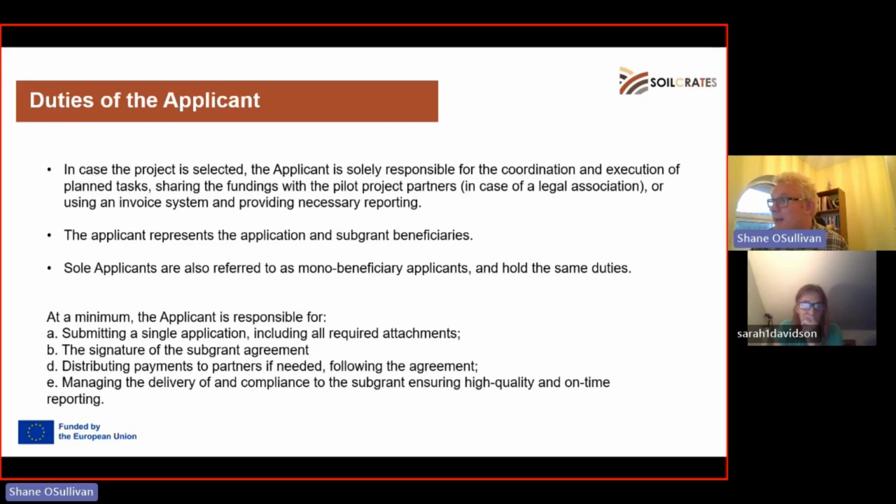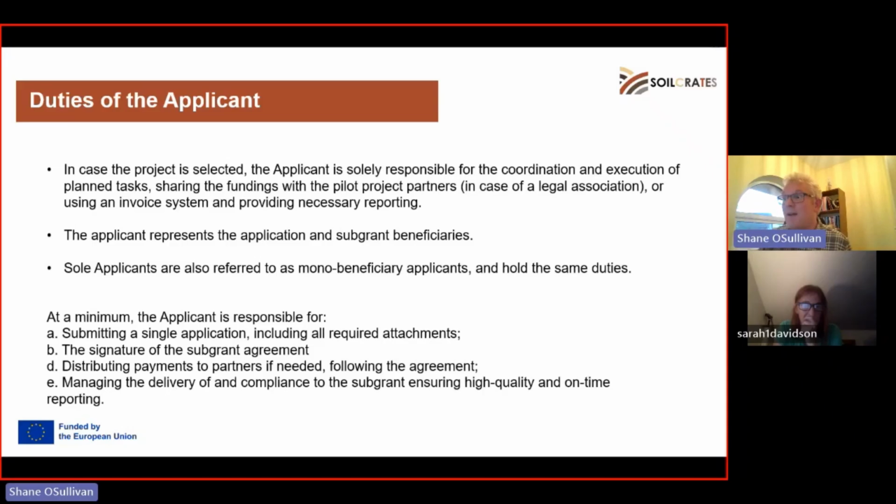At a minimum, the applicant is responsible for submitting a single application, including all the required documents, the signature of the subgrant agreement, distribution payments to partners if needed following the agreement, and managing the delivery of and compliance to the subgrant, ensuring high quality and on-time reporting.